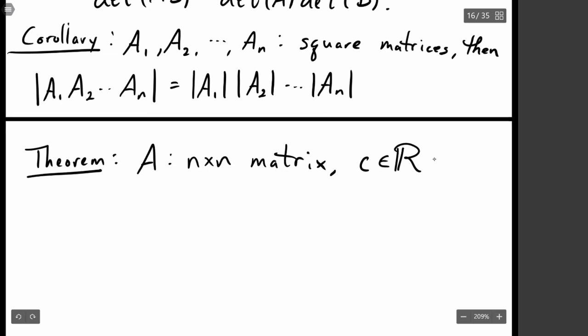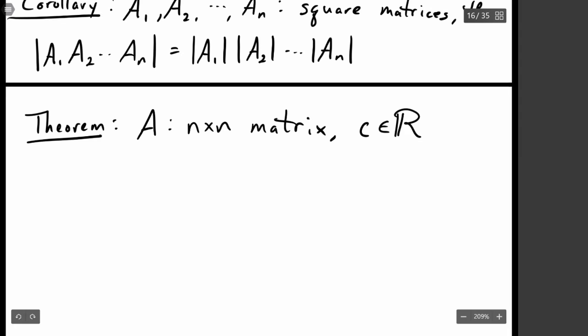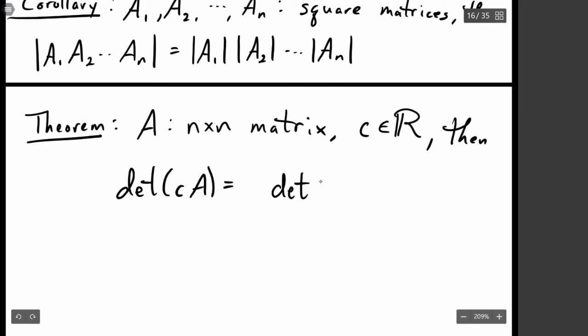This notation we've talked about before just means C is an element of the real numbers, shorthand for saying C is a real number. So if we have an n by n matrix and C is a real number, then the determinant of C times A, how do you think this relates to the determinant of A itself? How do you think that relates?